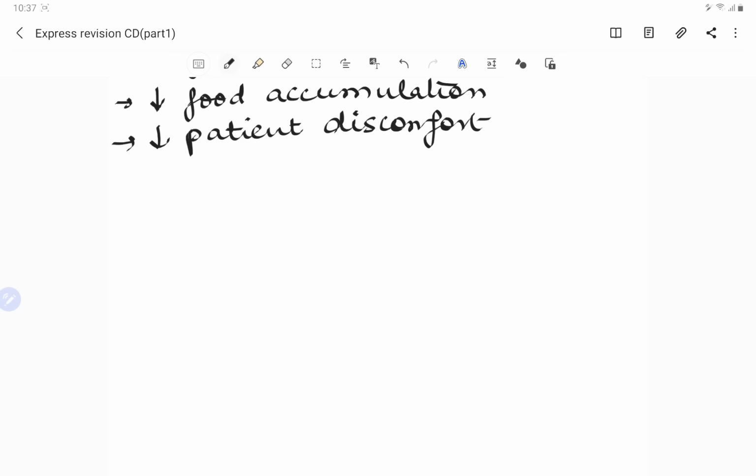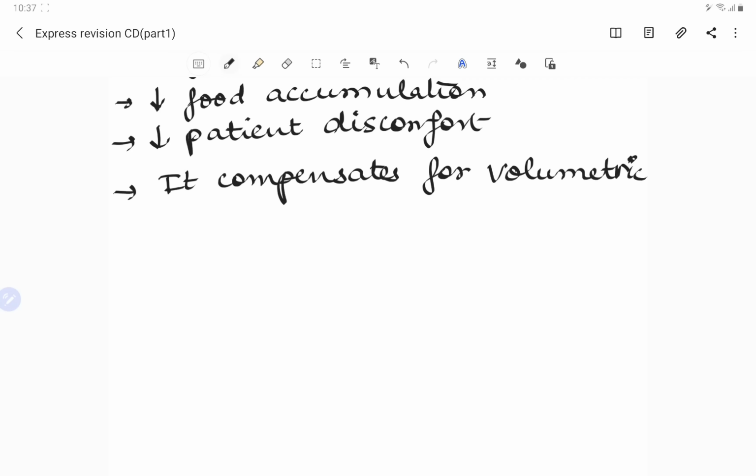Also what happens when we are using the methyl methacrylate, the acrylic resin, there is going to be shrinkage during the polymerization of the acrylic resin, and since we have made the PPS in the denture, whenever there is going to be polymerization shrinkage, volumetric shrinkage from the resin, that will be compensated by the PPS. So it also compensates for the volumetric shrinkage during the polymerization of the resin.